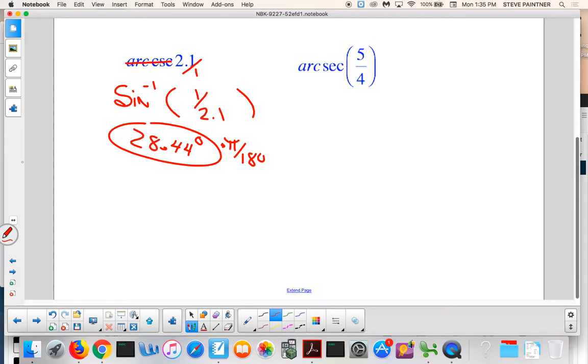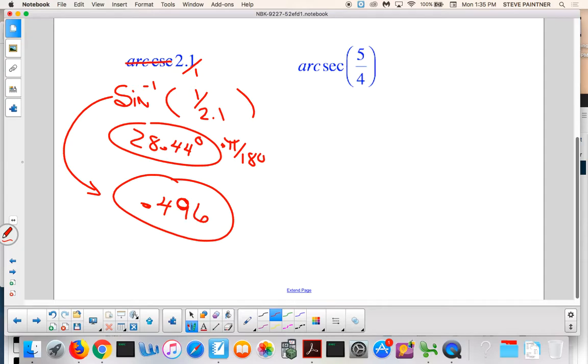So make sure your calculator's in radians to get 0.496. It doesn't matter. You can take it times pi over 180 and get this, or you can just go back to radians in your calculator, type it back in, and you'll get this. I don't know what your calculator's in.